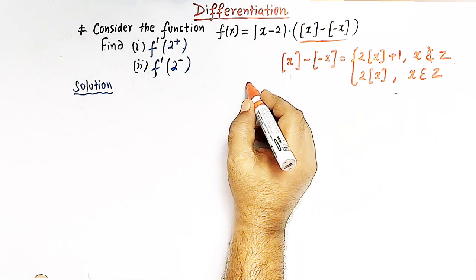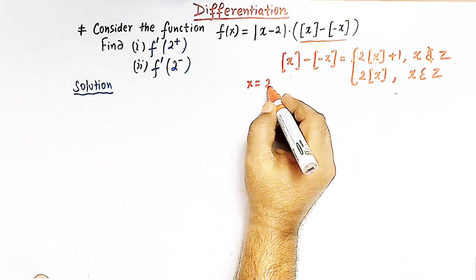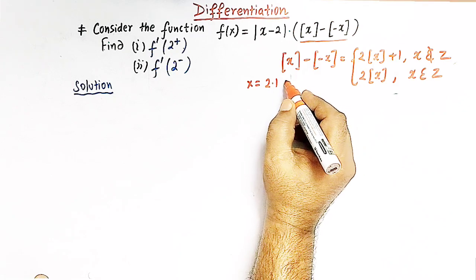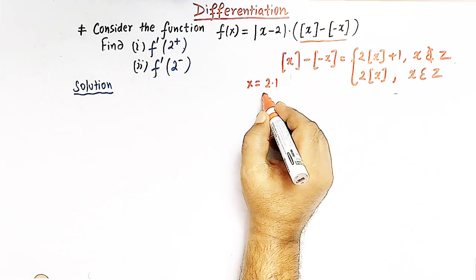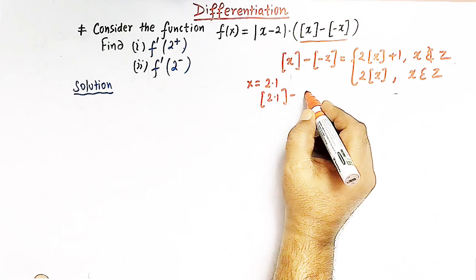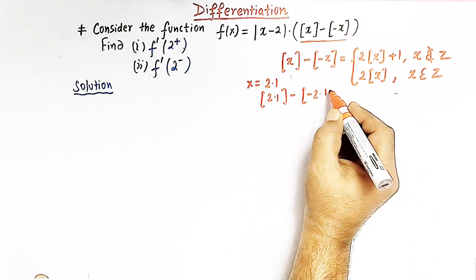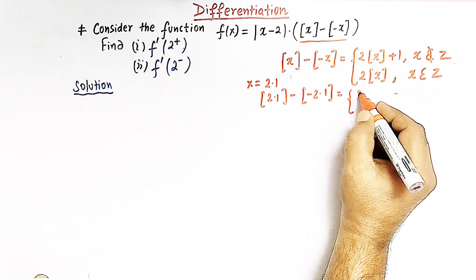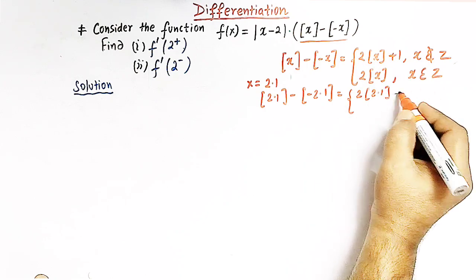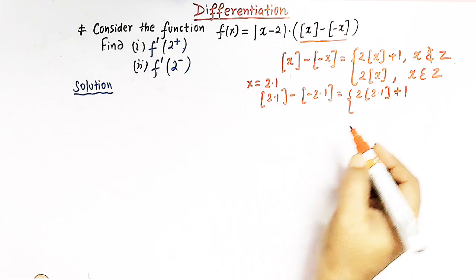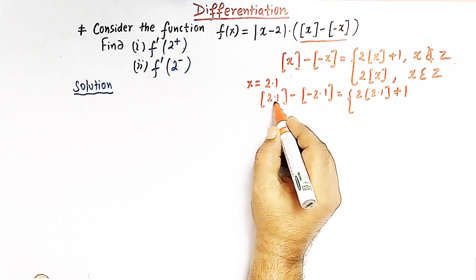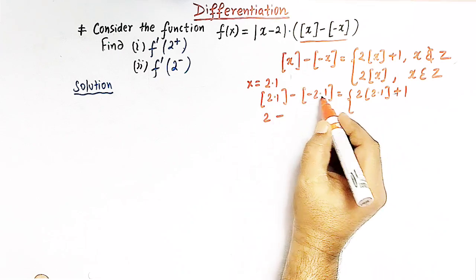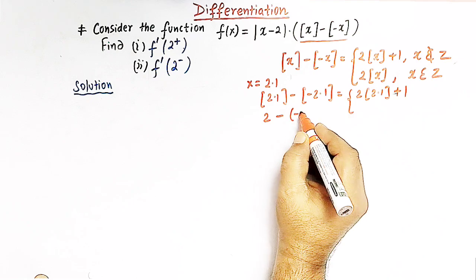So let us quickly take x is equal to say 2.1, right? And here 2.1 is not an integer, right? So the greatest integer of 2.1 minus greatest integer of minus 2.1 is equal to 2 times the greatest integer of 2.1 plus 1, right? So the greatest integer of 2.1 is simply 2, and the greatest integer of minus 2.1 is minus 3.